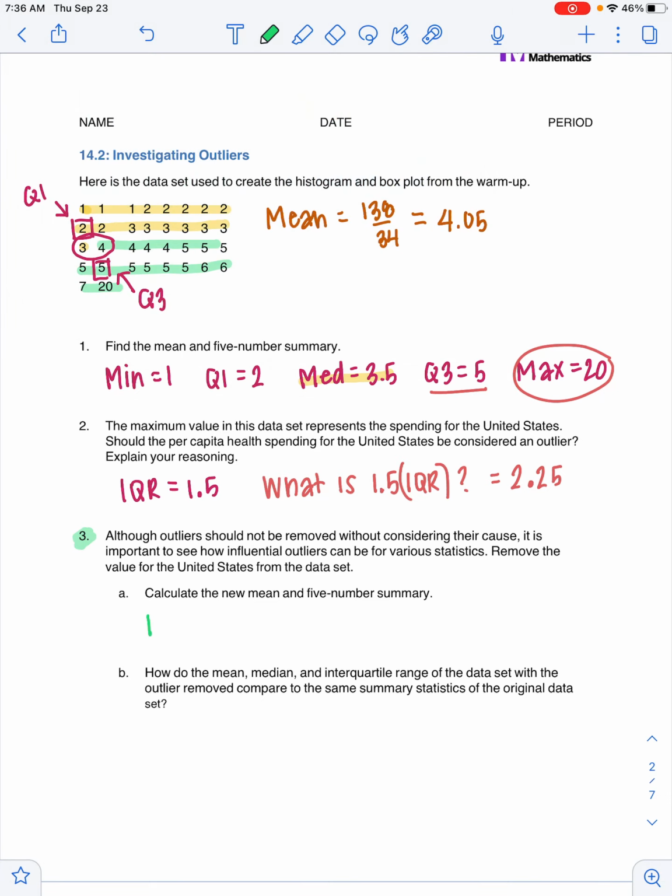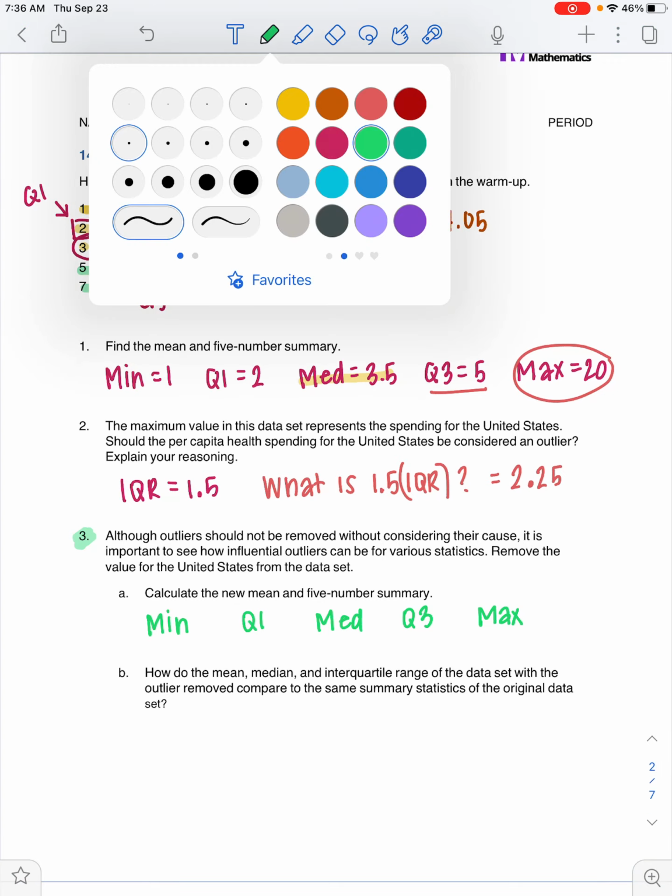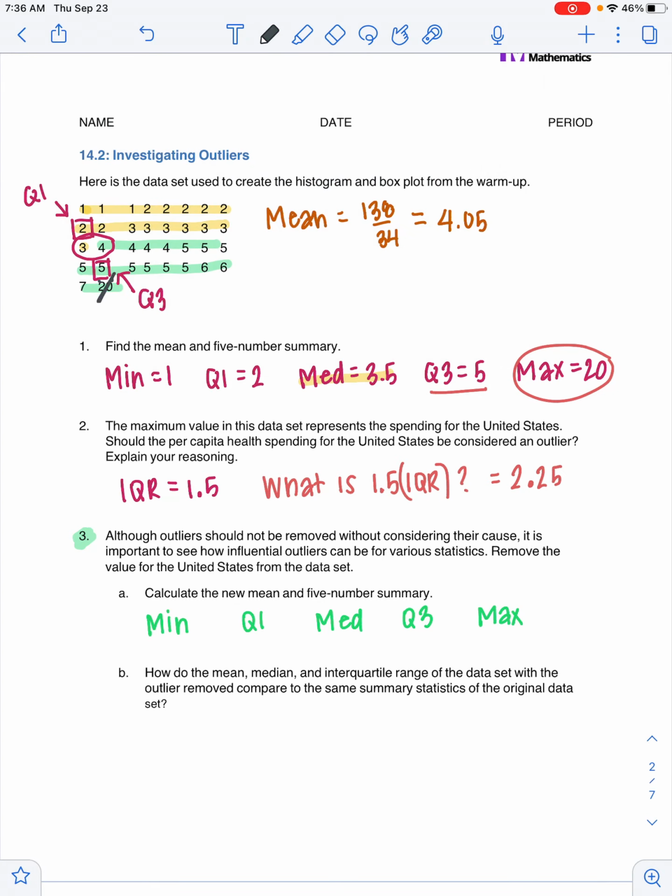So a new min, Q1, median, Q3, and maximum, the exact same way you did it before, except this time, you are taking out the number 20. So you're deleting 20 from your data set. Then, in question B, you'll compare your 5-number summary to what you got in question 2.